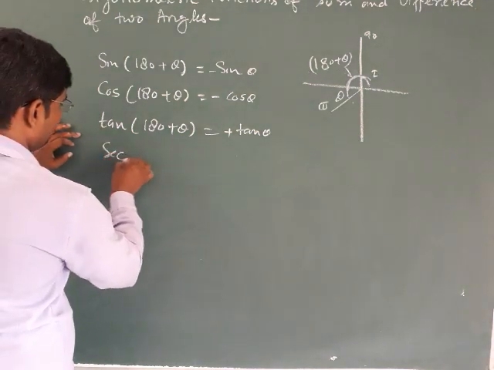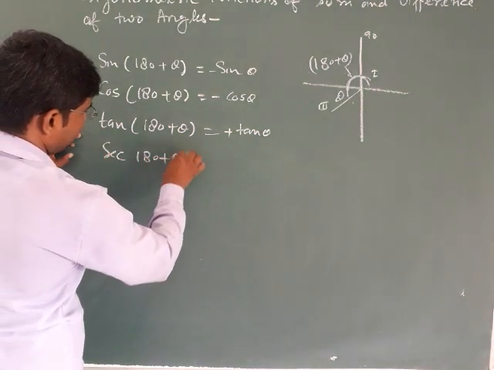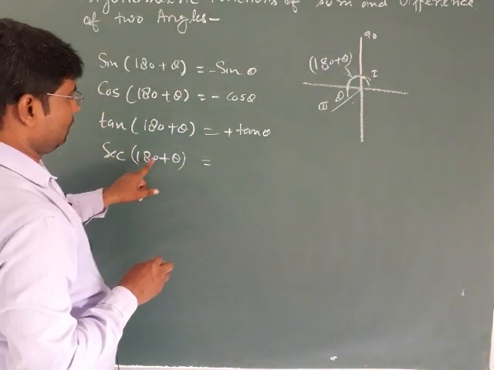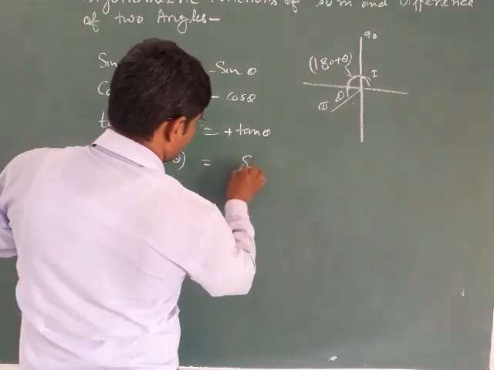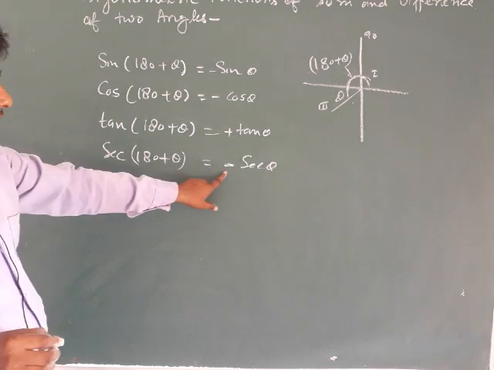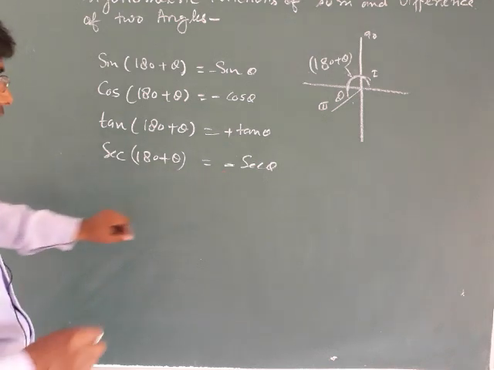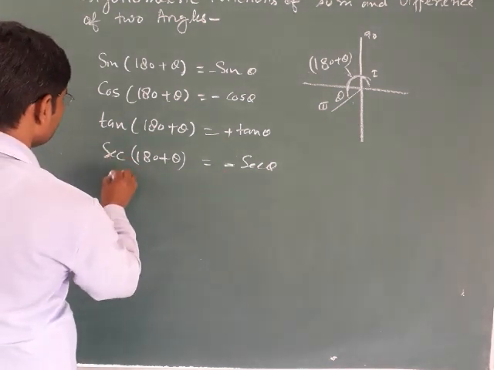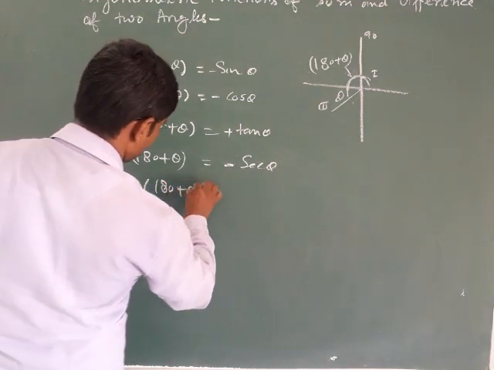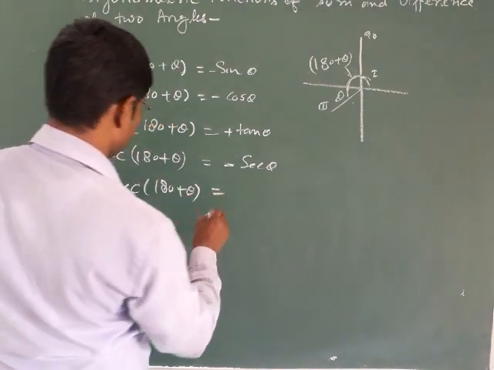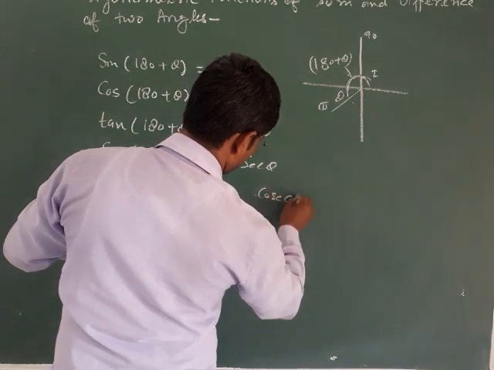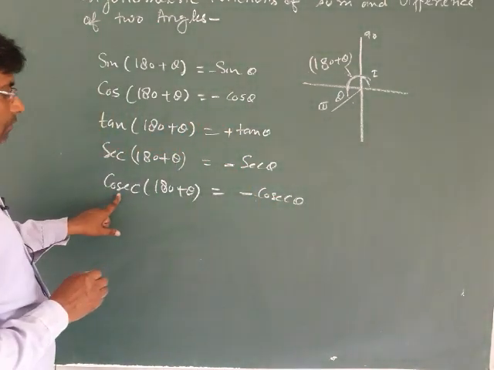So sec of 180 plus theta is sec theta, and the value of sec of 180 plus theta is negative sec theta. And cosec of 180 plus theta is cosec theta, the value will be negative.